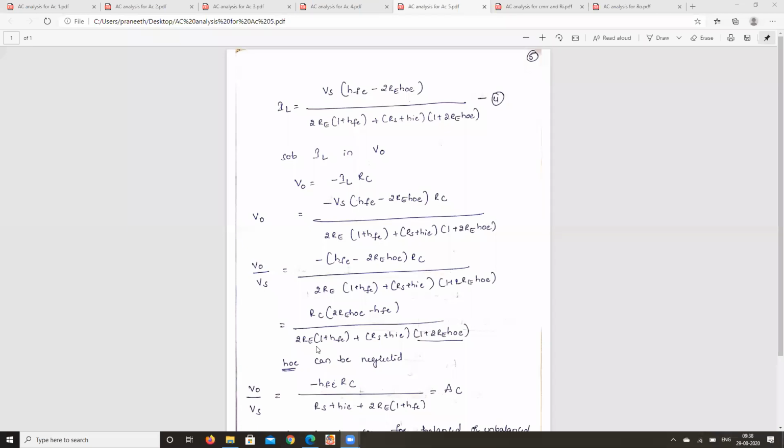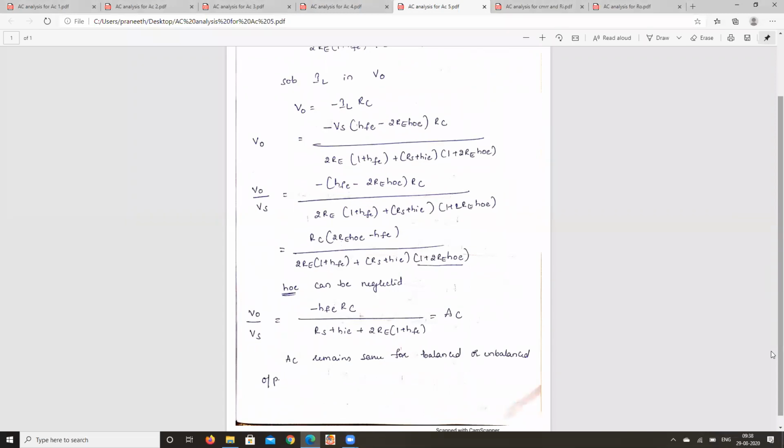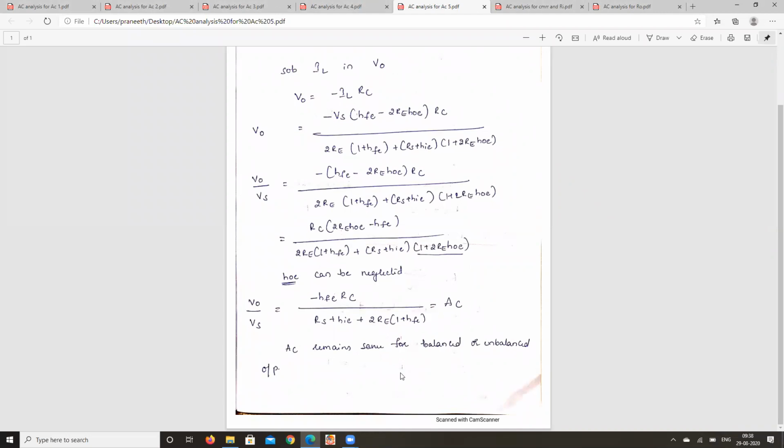After writing V naught by Vs, what I have done is, again, I have neglected all the HOE terms.